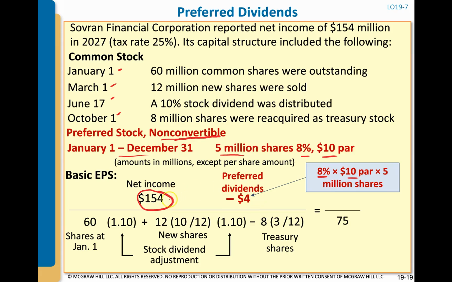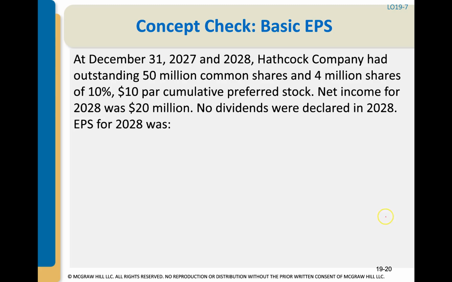So the numerator now is going to be 154 million minus 4 million for the preferred dividends. So then our numerator is equal to earnings for common shareholders. So $150 million divided by 75, which is still our average number of weighted common shares outstanding. So our EPS, our earnings per share, is $2.